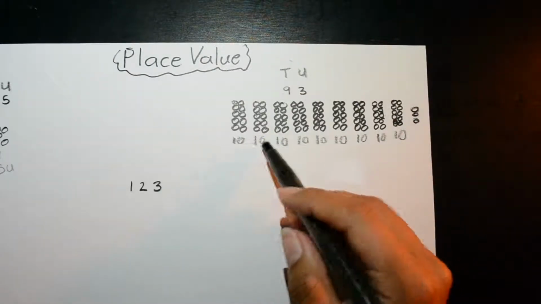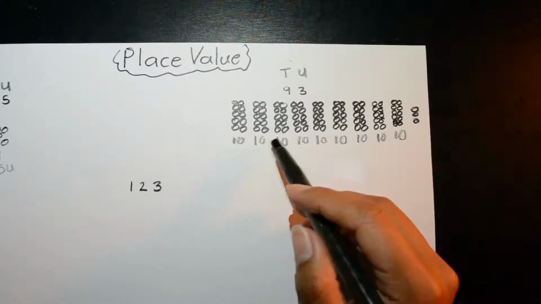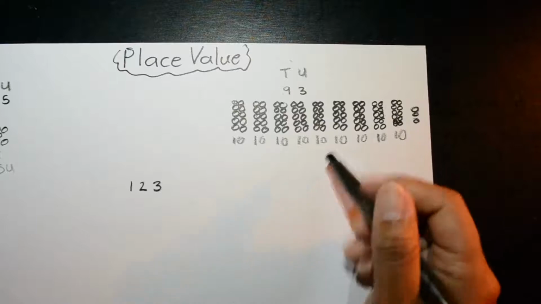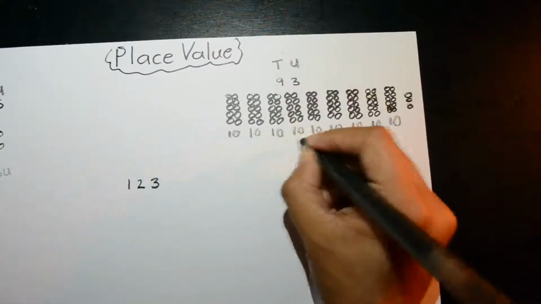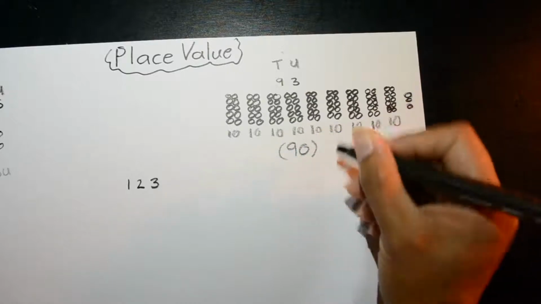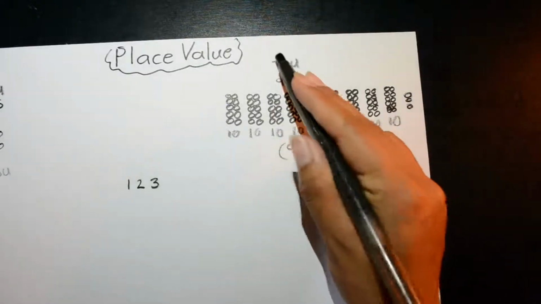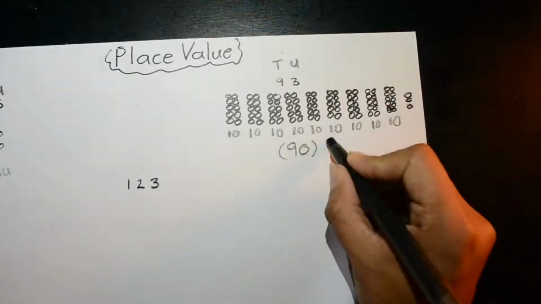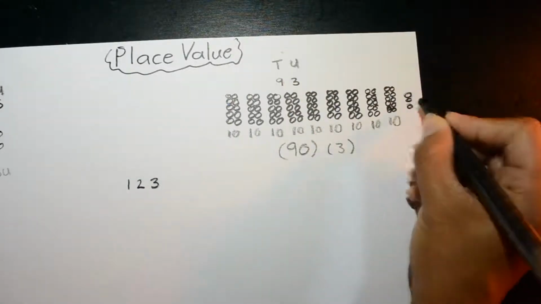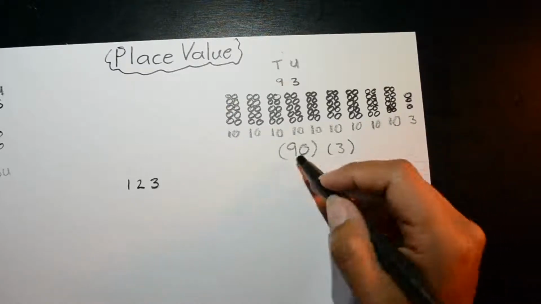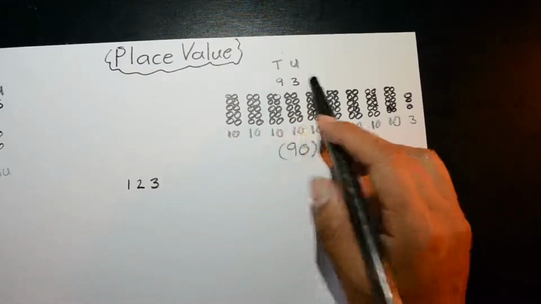So let's see how many pieces I have. 10, 20, 30, 40, 50, 60, 70, 80, 90. For the tens side, I'd have 90 pieces, which is 9 tens. And then I'd have 3 units on this side. So that would make my number 93.